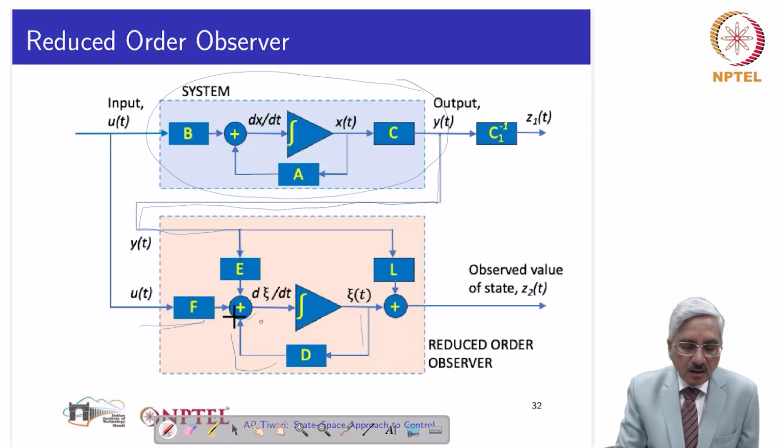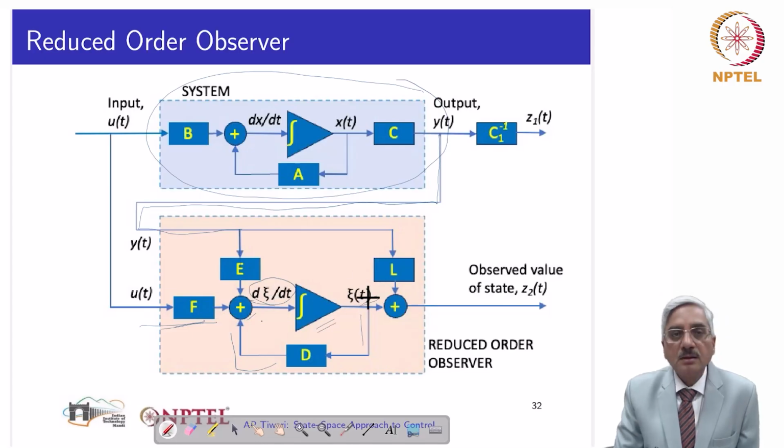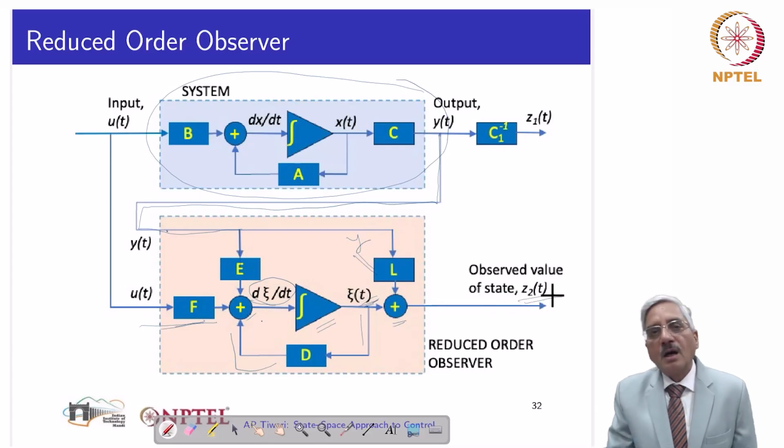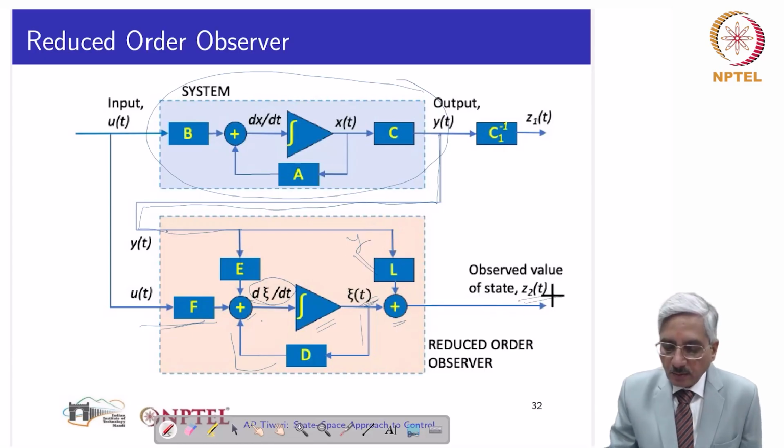Now D Xi plus EY plus FU, that total makes Xi dot, which integrated gives Xi, and Xi plus L times Y, this is Y, so Y comes here, L times Y plus this Xi gives the observed value of state or the estimate of state x2, which is z2.